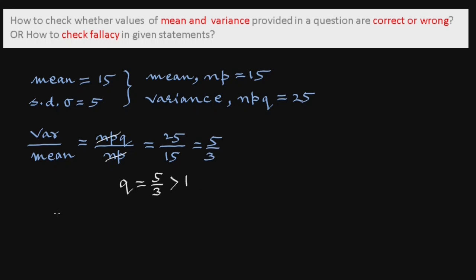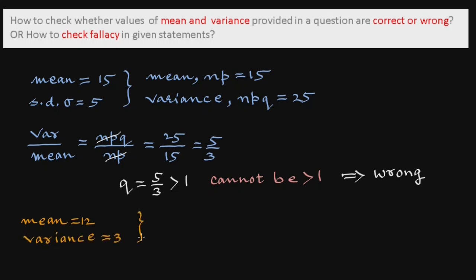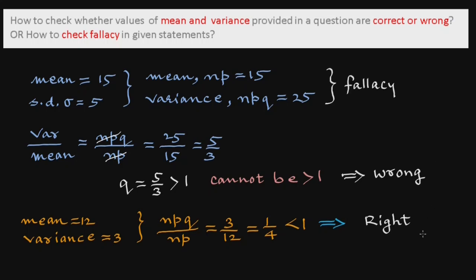But Q being a probability cannot be greater than 1, which implies given statement is wrong. In another statement, mean is 12 and variance 3. Working in same manner, NPQ upon NP, 3 upon 12, 1 upon 4, which is less than 1, implies that given statement is right. So there is a fallacy in the first statement while the second statement is right.